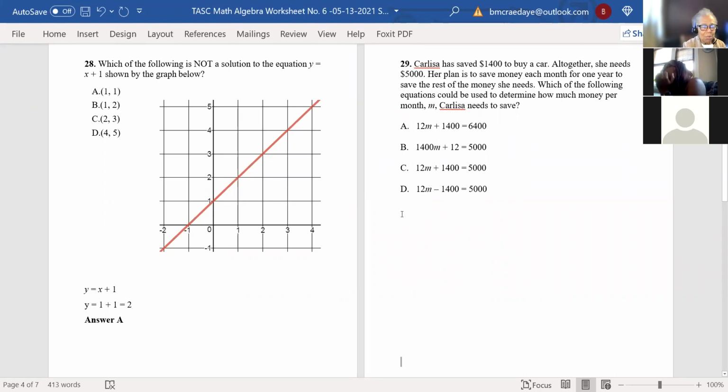Okay, so one of the questions you want to ask yourself is, how much does she need to save? How would you find that? Okay, so you're asking yourself, how much does Carlisa need to save in 1 year?